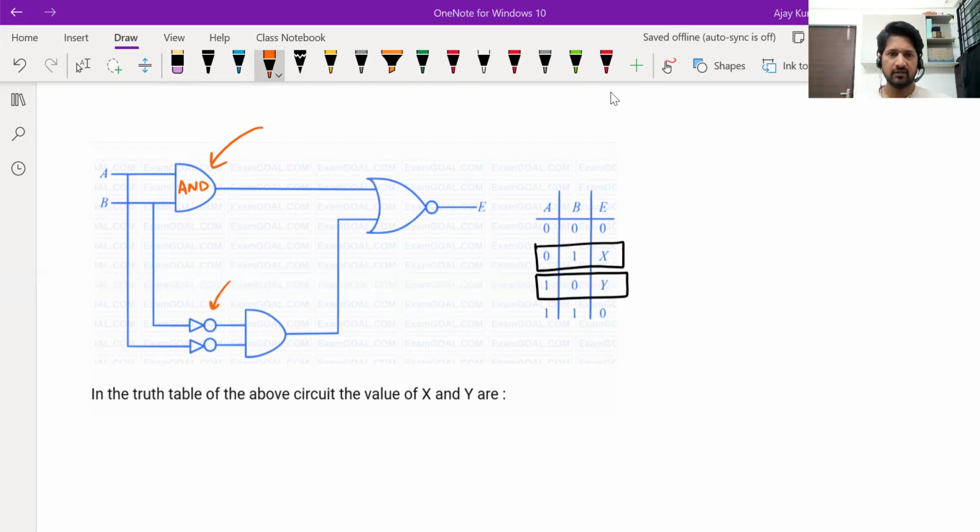Triangle with a circle in front. Not gates. Triangle with a circle in front of it. NOT and NOT. Okay. This is AND again. And this is OR with a circle in front of it. So effectively it becomes a NOR gate. This whole thing is a NOR gate.